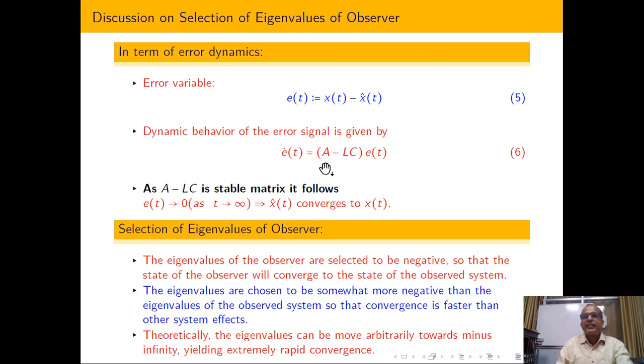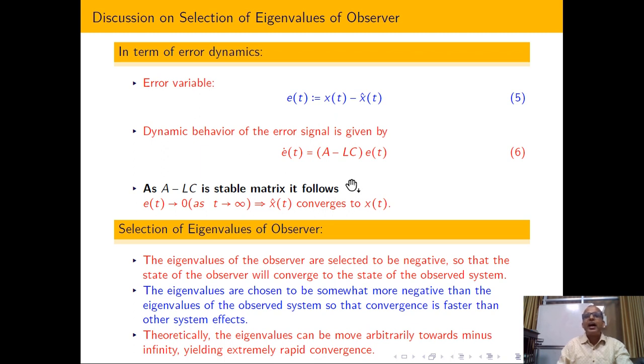Then the convergence is very fast, and very quickly I can guarantee that x tends towards x cap, meaning we are able to estimate the state. But people think like this, and it is possible to show that if you put L very high, there always exists some kind of mismatch or disturbance. That disturbance is also amplified, and that creates another difficulty.